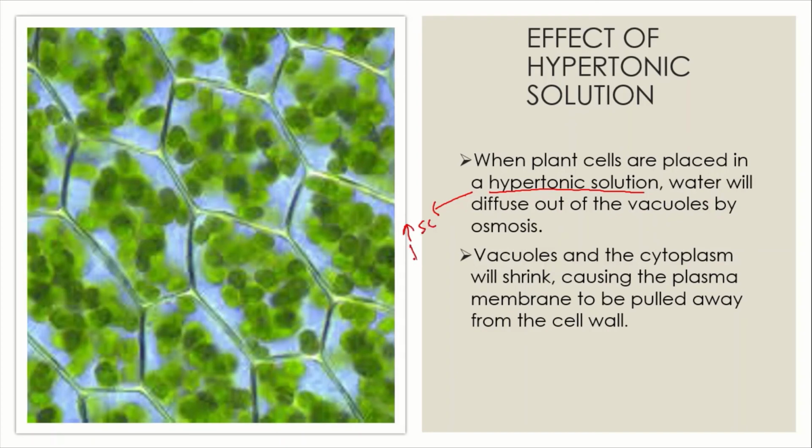Plant cell contains low solute concentration and high water potential. So water will diffuse out of the vacuole by osmosis. Vacuole and cytoplasm will shrink, causing the plasma membrane to be pulled away from the cell wall.